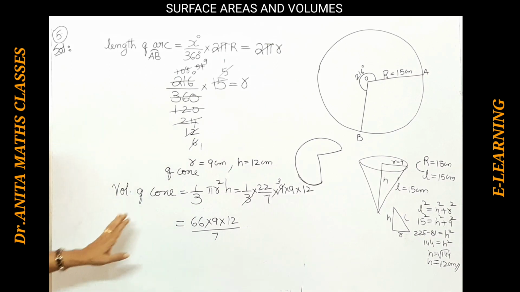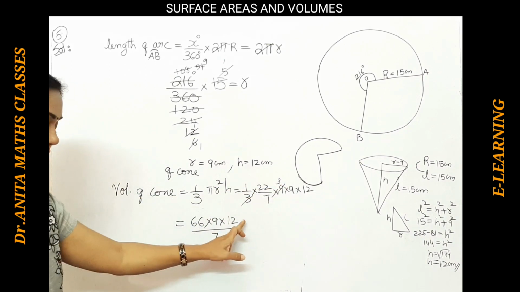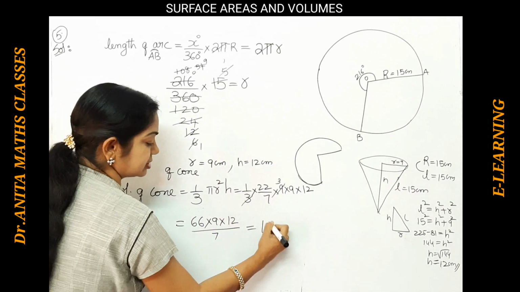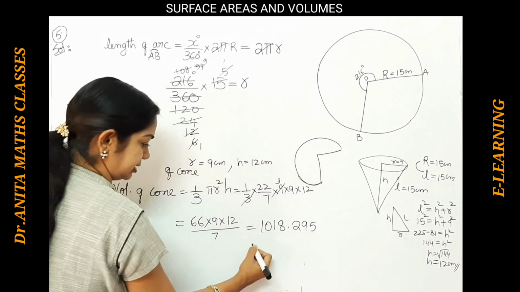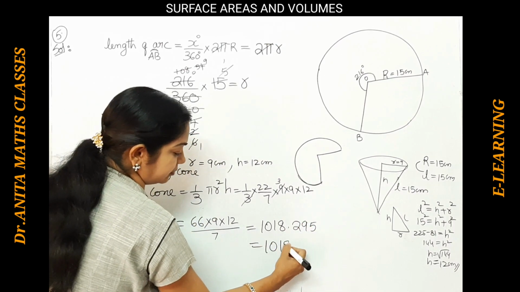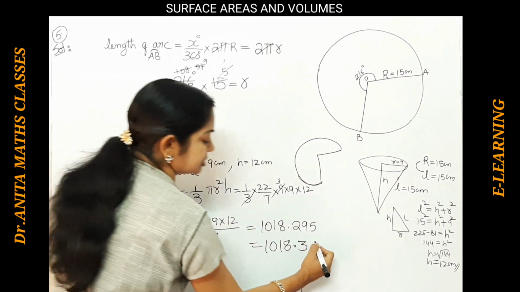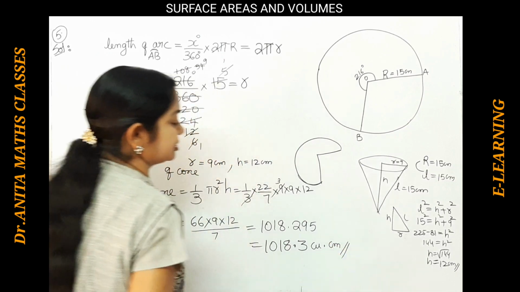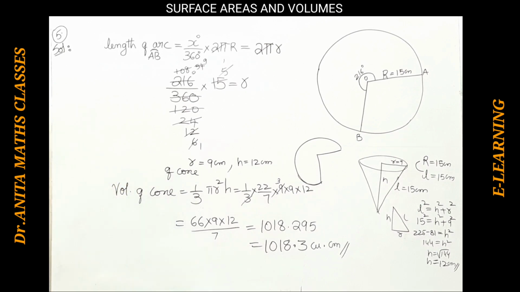So multiply these three and divide it by 7, you will get somewhere around 1018.295 something. So if you round it off, 1018.3. Since this is volume, it is cubic centimeters. Since all the measurements are in centimeters, the volume is in cubic centimeters. Okay, please pause the video and note it down.